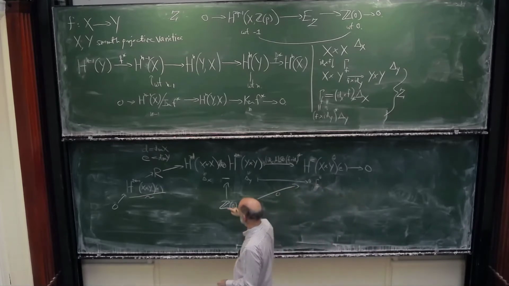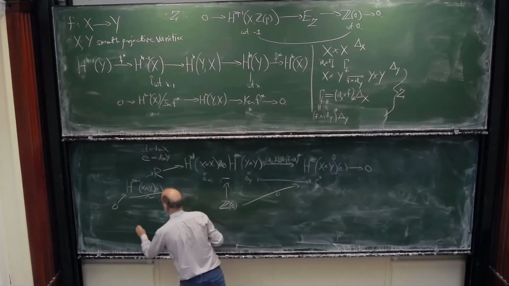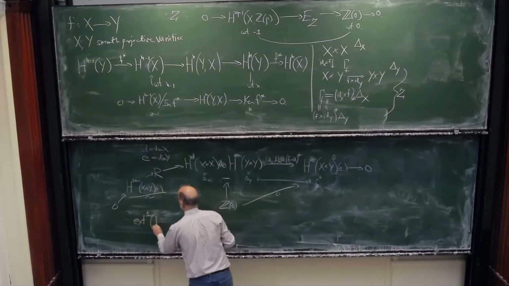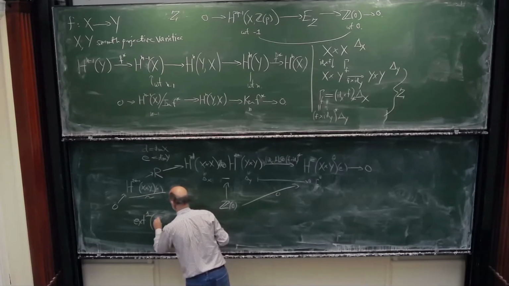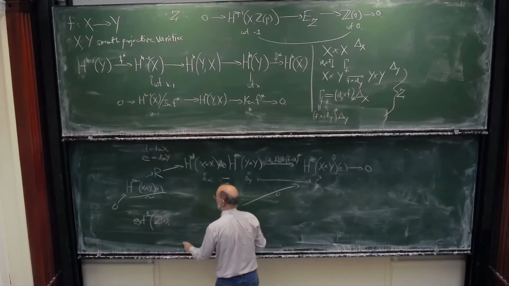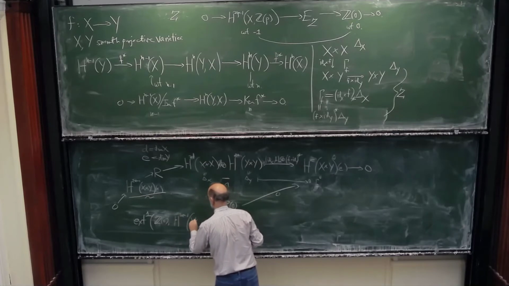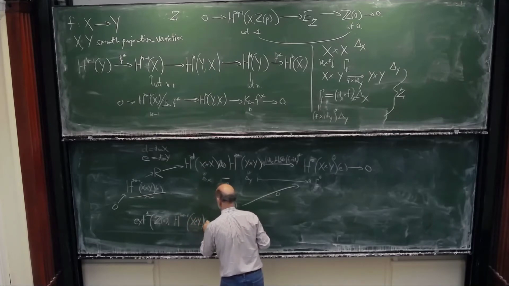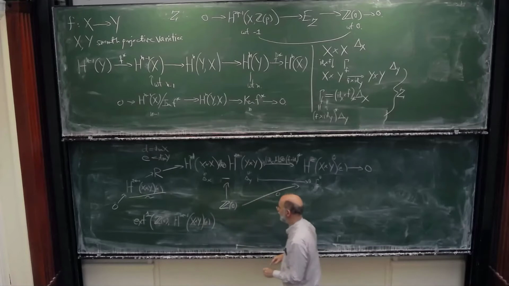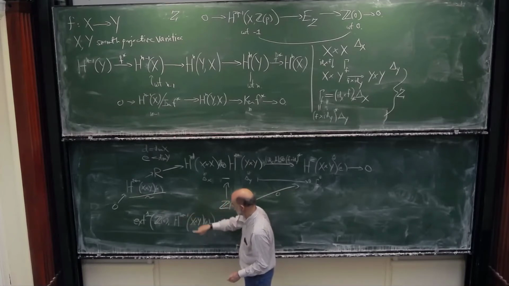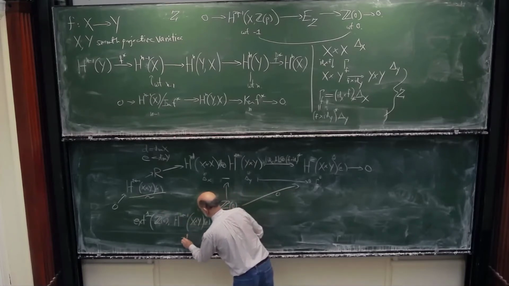And so I've cooked up an extension, an element in Ext 1 of H 2E, Z of 0, by H 2E minus 1 of X cross Y twisted by E. And notice this again gives me minus 2E plus 2E minus 1, so this has weight minus 1.